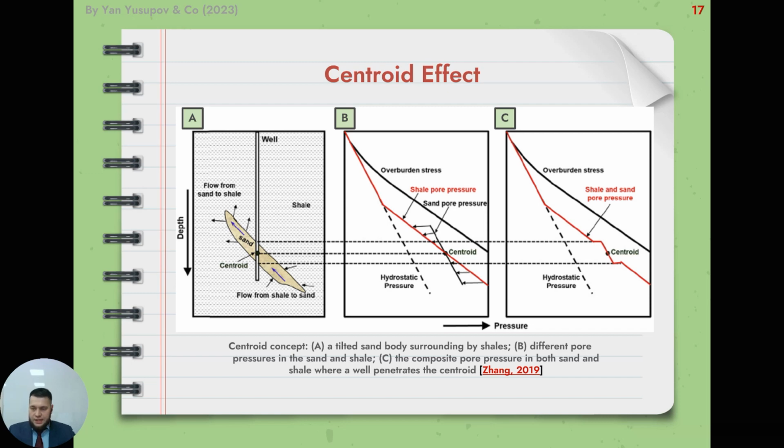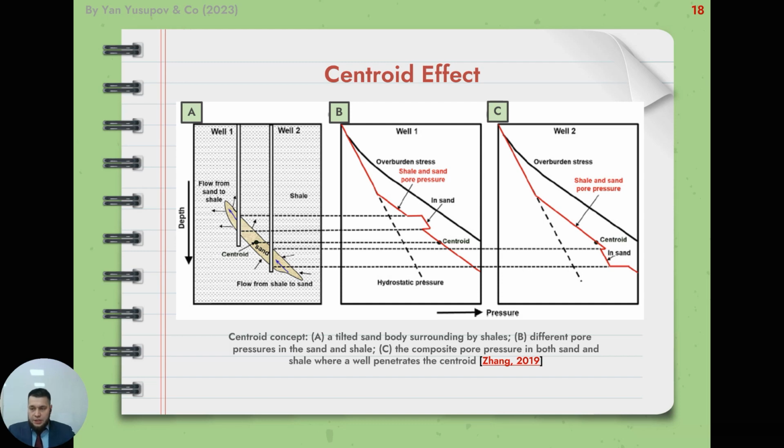In the case of sands, the pore pressure follows a hydrostatic, oil or gas gradient depending on the fluid it contains. And the sand formation serves as a channel for transferring pressures at depth, as explained in the prior section. On the other hand, this is not the case for shale formation.